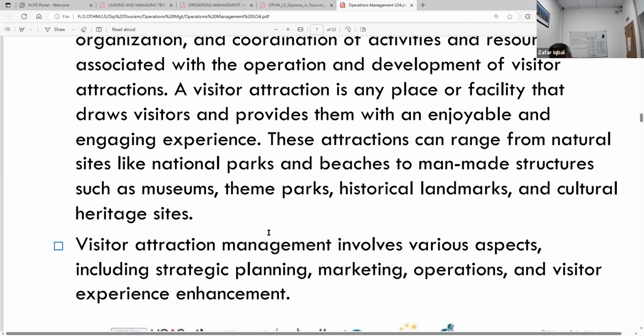Otherwise people wouldn't go to places that are not managed well or looked after well. The system of booking a ticket is haphazard, there's no visitor information, no planning, no parking, no help. People are wandering all over the place, they don't know where to go. So that's management, that's planning, that's coordinating.